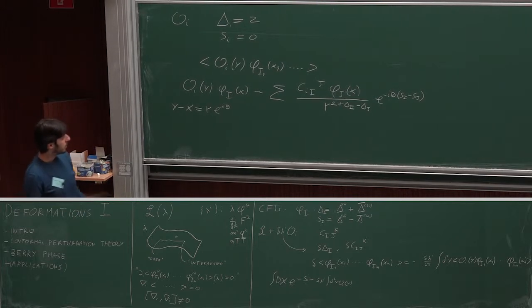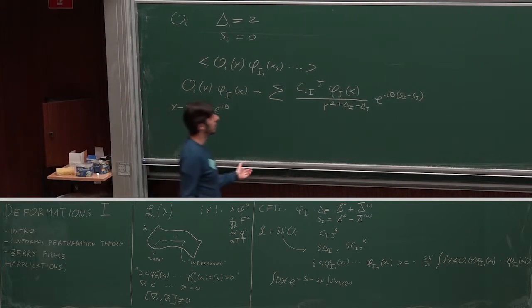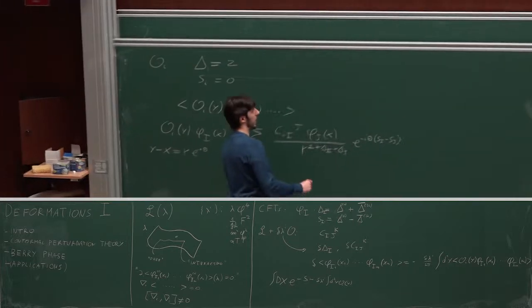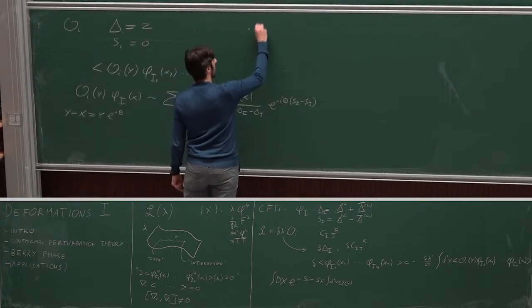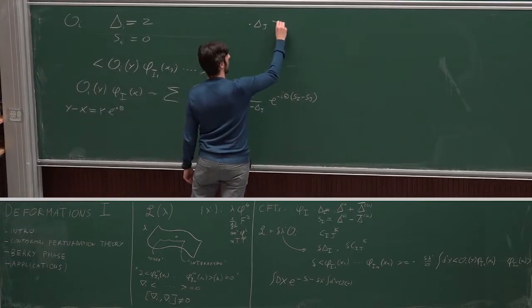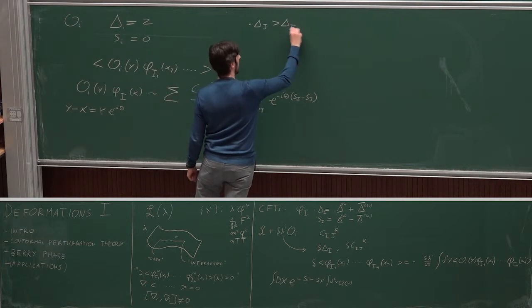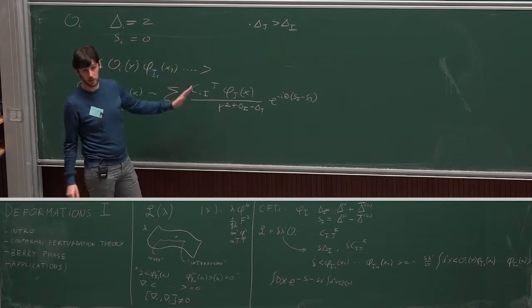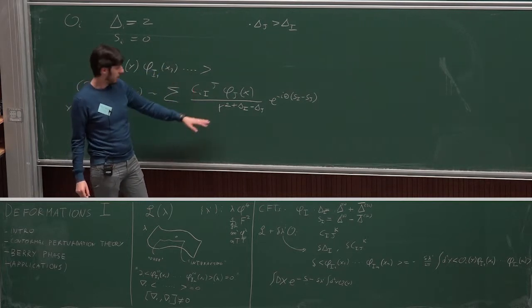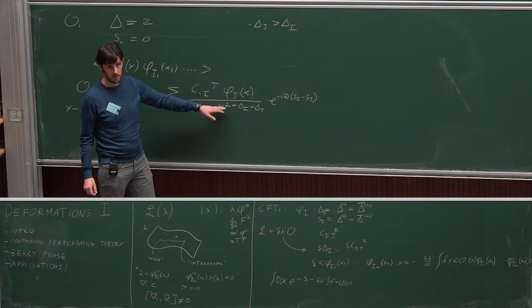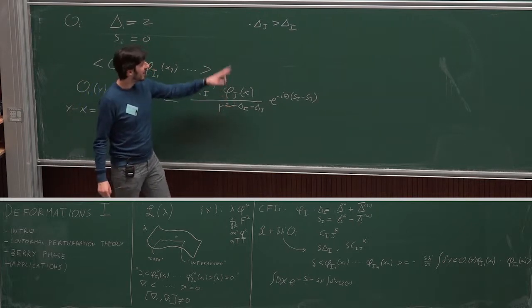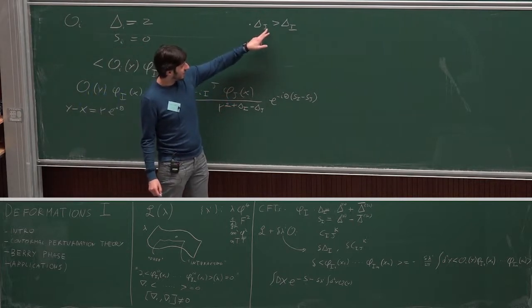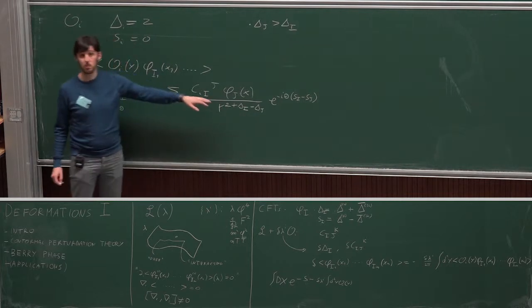And now you can see what's going on, right? You have two cases. So you have to integrate this over two dimensions, right? If delta_j is greater than delta_i, there are no singularities.